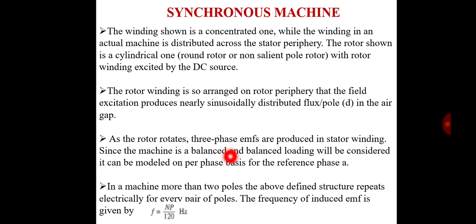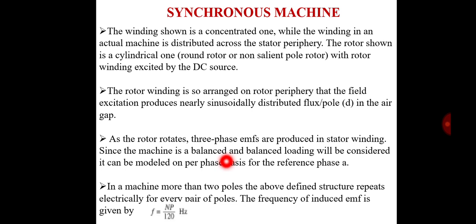Since the machine is balanced and balanced loading will be considered, it can be modeled on a per phase basis for the reference phase A. We studied per phase analysis in the first chapter. We use this per phase analysis and take phase A as the reference.